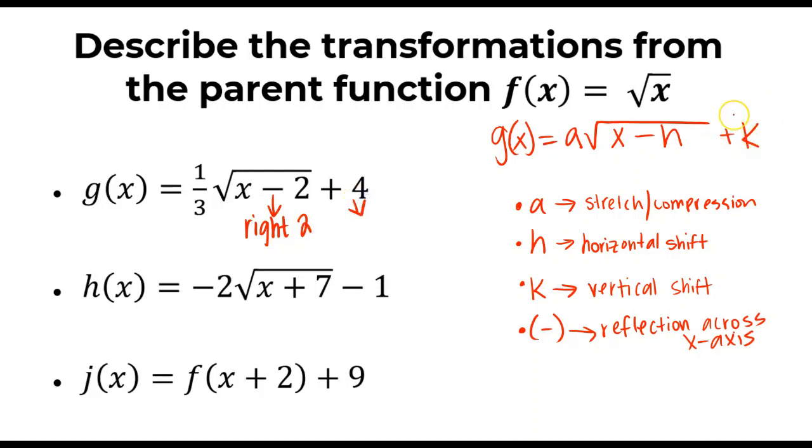Remember that k is our vertical shift, so plus 4, trust your intuition here, means we're moving the graph up 4 units. And this 1/3 in the front, representing a, anytime a is greater than 1, it is a stretch. Anytime a is between 0 and 1, so it's like a fraction or a decimal, that is a compression. So we have a compression by 1/3.